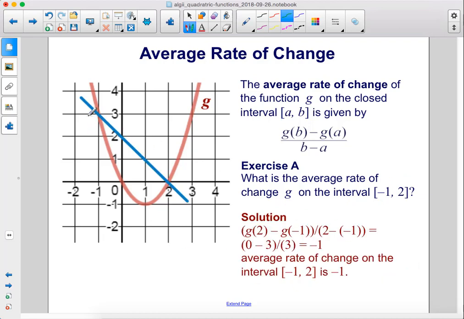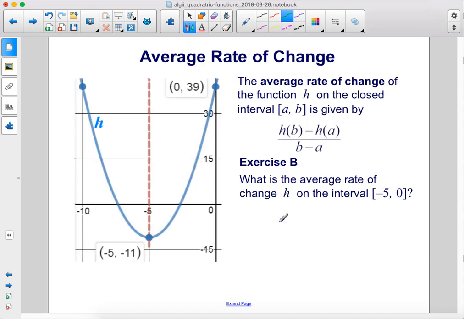Another way to solve this is to draw a line between those 2 points from -1 to 2 and then find the slope of that line. And you can see that that line has a slope of -1. What is the average rate of change of h on the interval -5, 0?